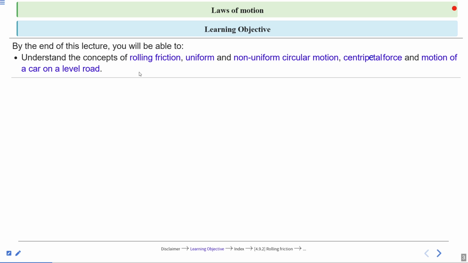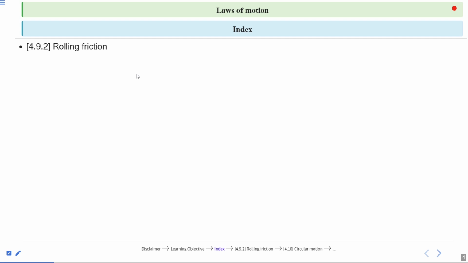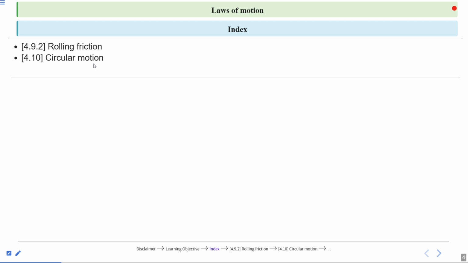So these are the important topics of today's lecture. We will first cover 4.9.2 rolling friction, after that 4.10 circular motion, and in circular motion we will cover motion of a car on a level road.